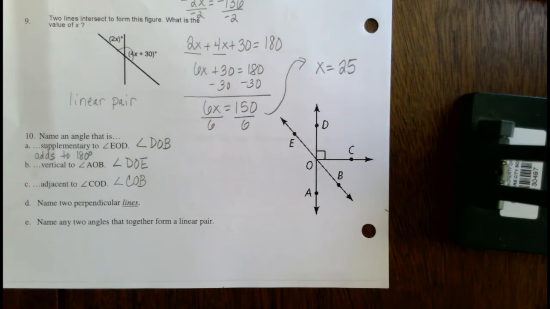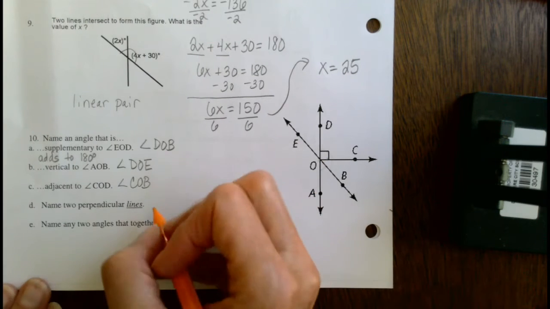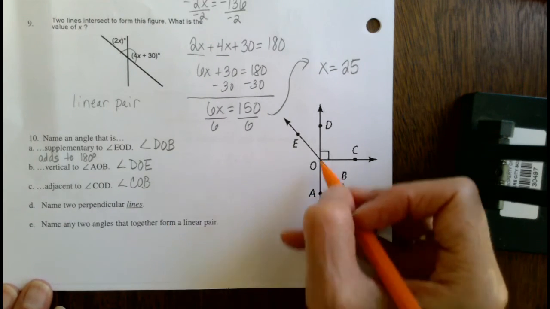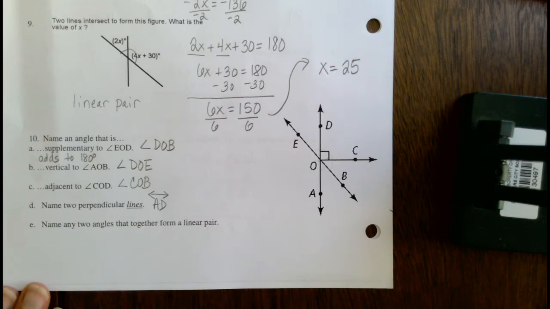Perpendicular. Not sure if we talked about this in class, but perpendicular means they form a right angle. So if we take a look at this one, we see a right angle designated by this box right here. So we can say that line AD, notice that I'm using the proper symbol for it.